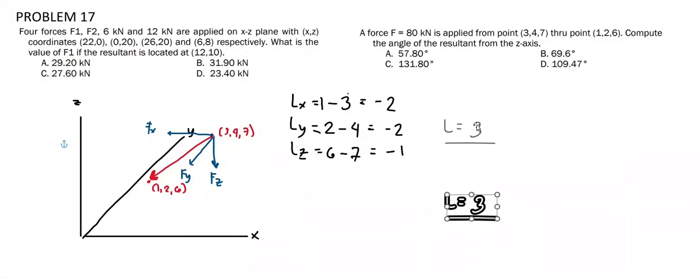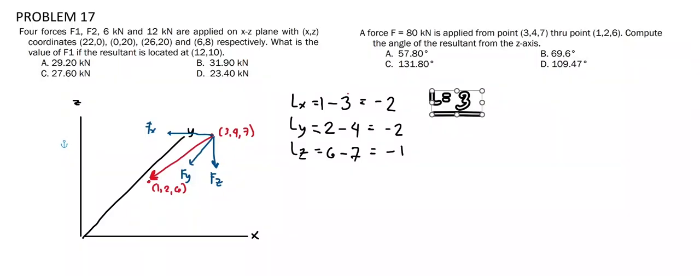Okay, now that we have solved for L, we can now proceed solving for the angle of the resultant from the z-axis. To solve for this angle, we only need to solve for the z component of the force. So by using a ratio and proportion, Fz, in ratio to the total net force F, is equal to the length of the component along the z-axis over the overall length.